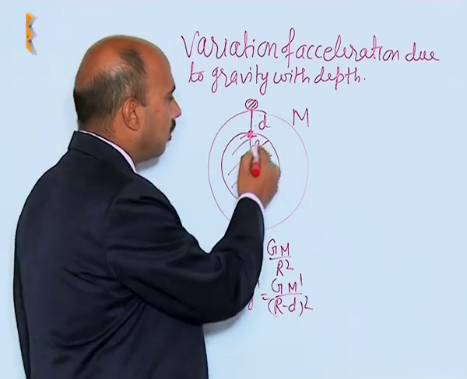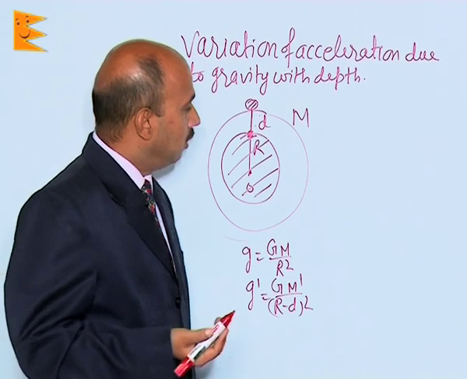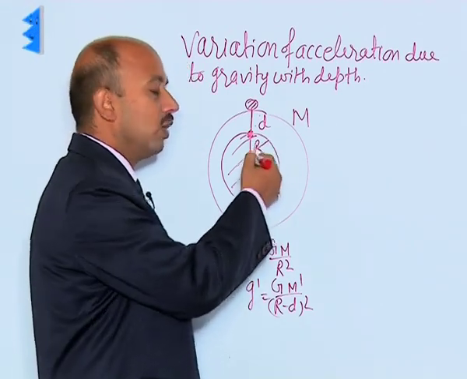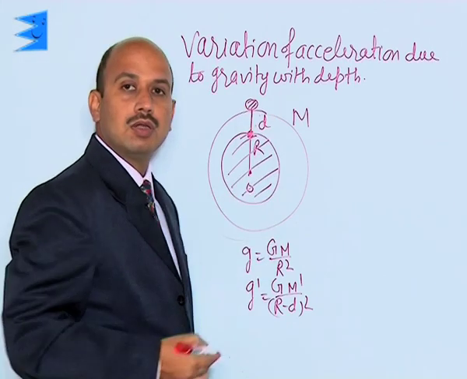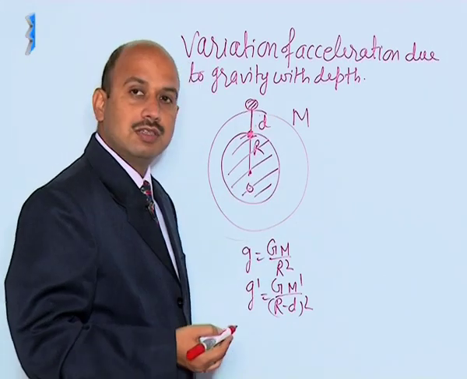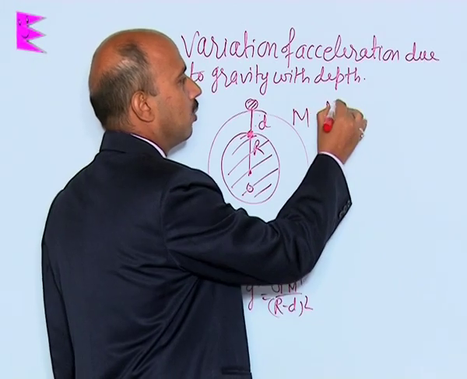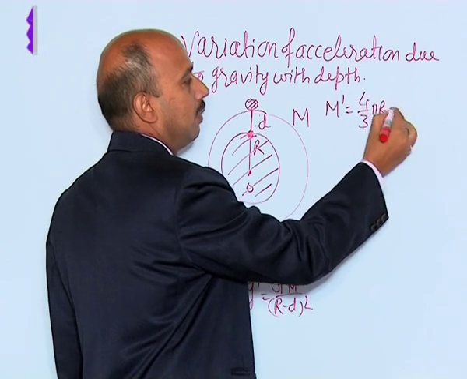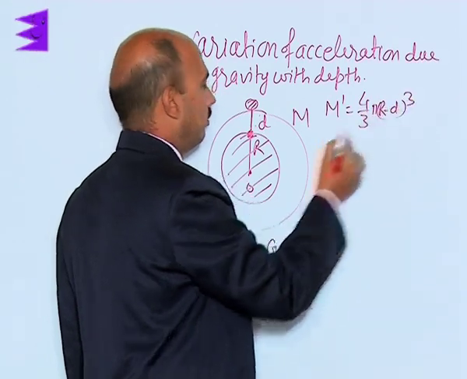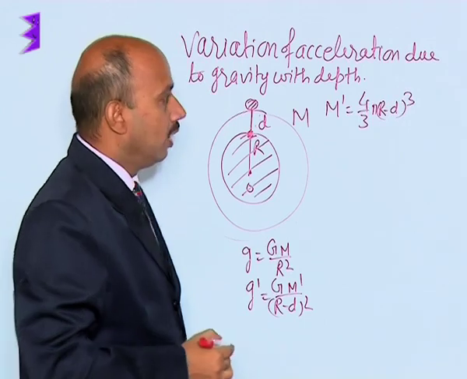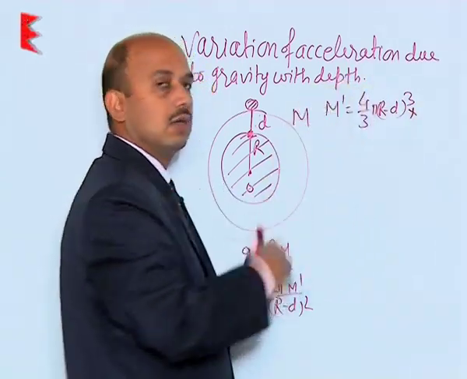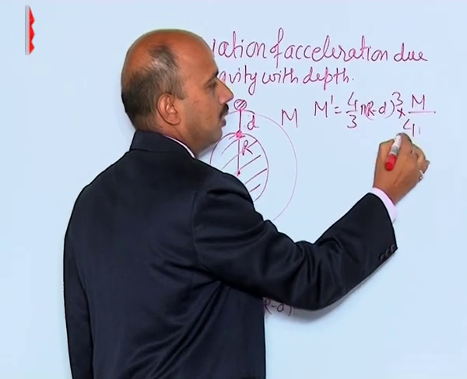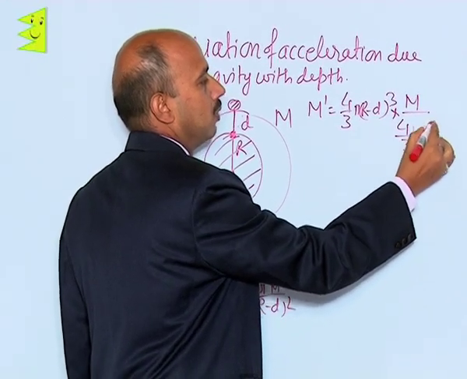But see here, what is the mass of this? The density of earth remains constant. The mass of earth is changing when we go down, but density does not change. So, we can write m dash is equal to 4 upon 3 pi (r minus d) cube, that is the volume of this much earth, into m upon 4 upon 3 pi r cube.